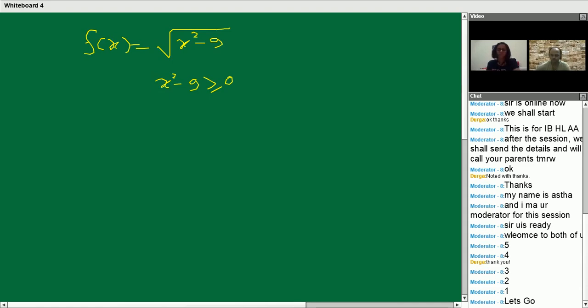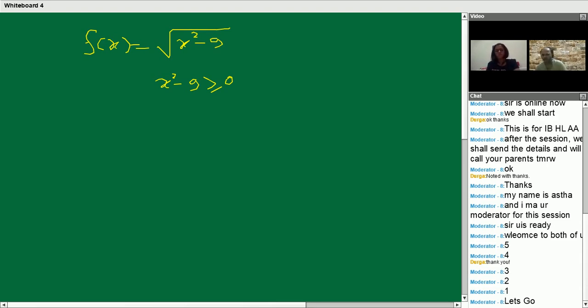That's true. Now the question is, how can we find the answer? We are not supposed to say that x square would be greater than or equal to 9. It's not the ideal way to represent the domain. Domain means possible values of x, not possible values of x square. So we have to convert it in terms of x.